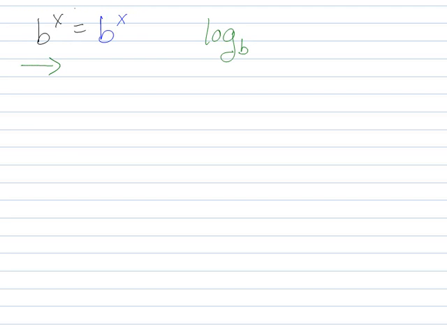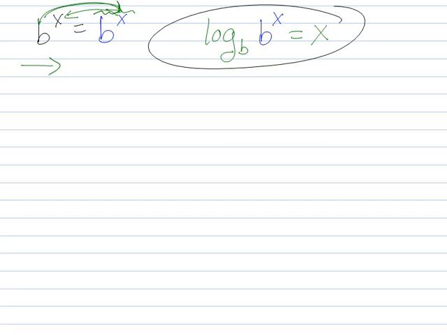Log base b of, now I'm going to take this whole thing, b to the x, equals x. That's your other one. Say I have log base 6 of 6 to the 32. When the log base and the log argument's base are the same, my answer is going to be that exponent.